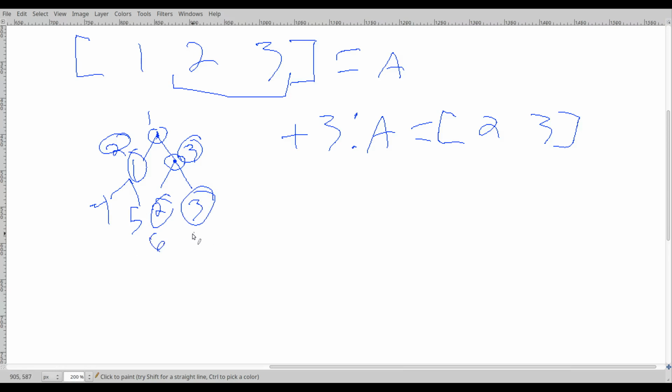So that would become 6, and this would become 7. So the easiest way to figure out what the node is going to be is if you have any node n, the head of that node is 2n, and the tail of that node is 2n plus 1.